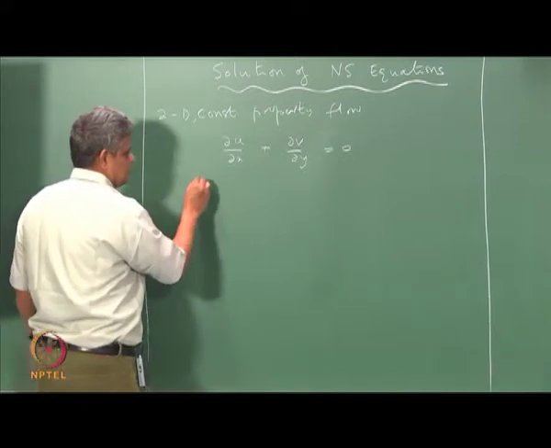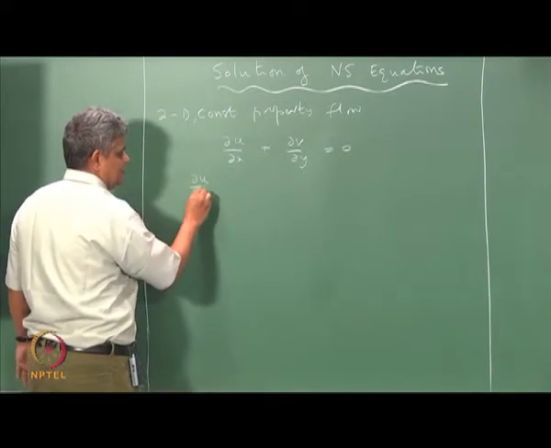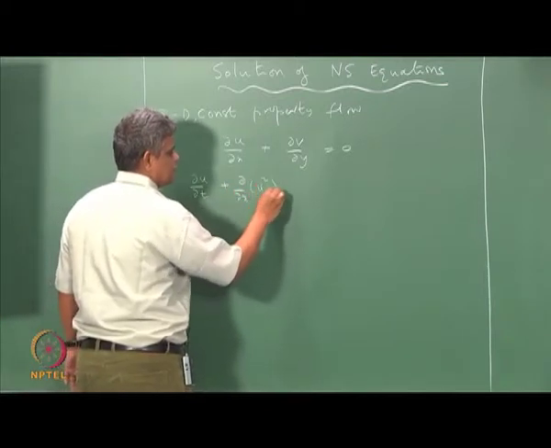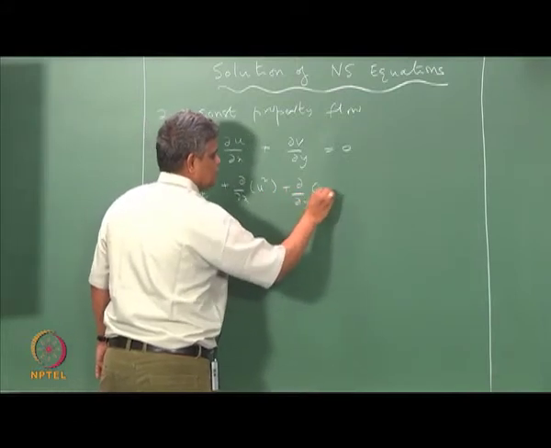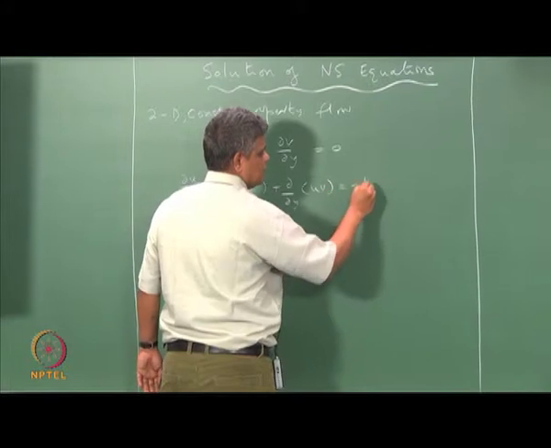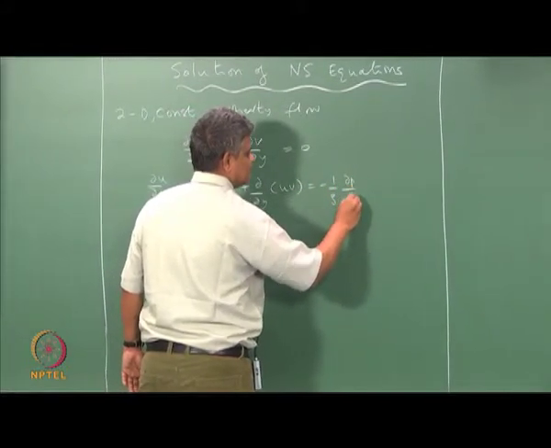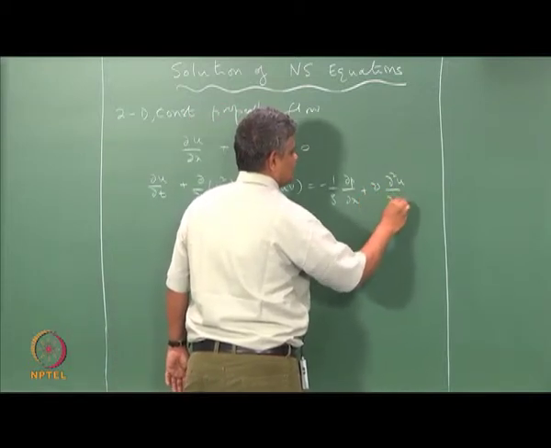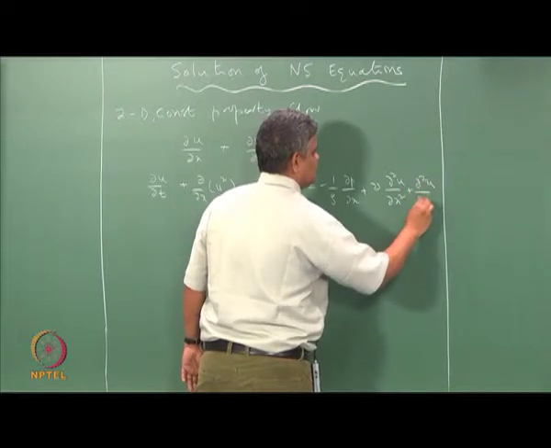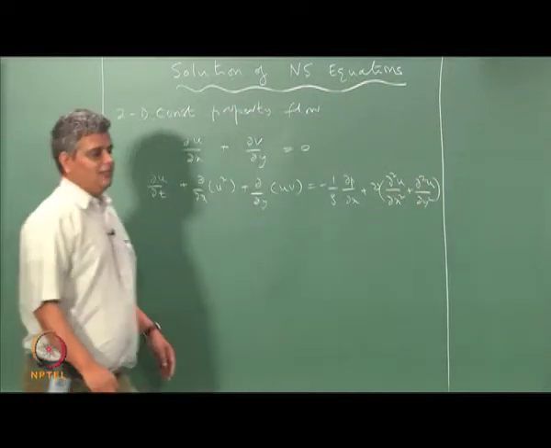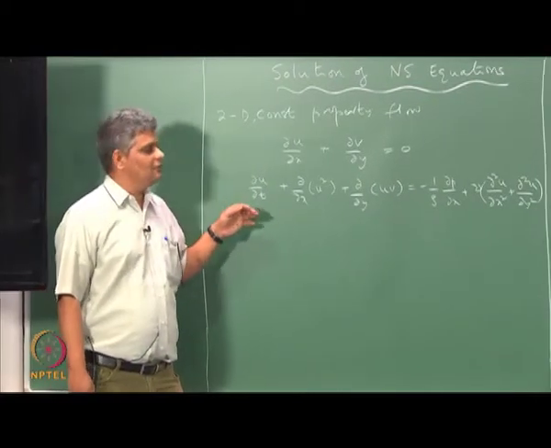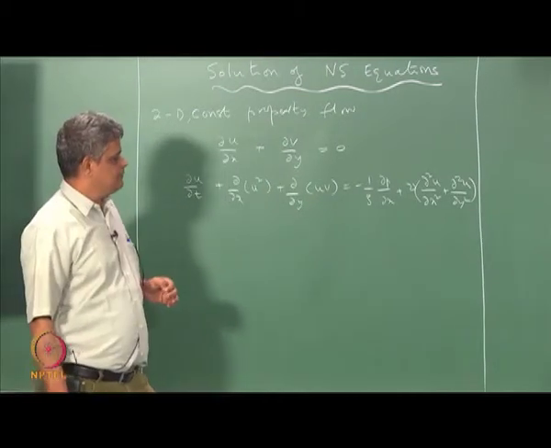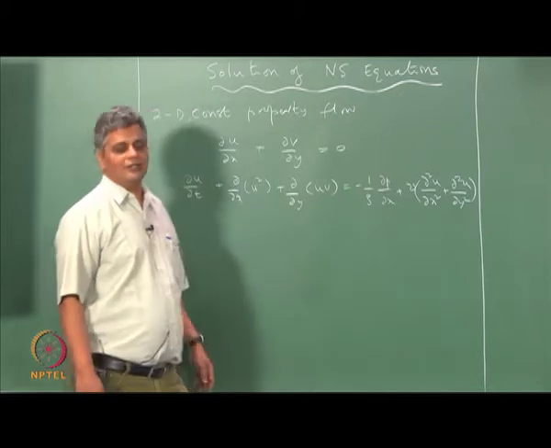And we also have the x momentum equation as dou u by dou t plus dou by dou x of u square plus dou by dou y of uv equal to minus 1 by rho dou p by dou x plus nu times dou square u by dou x square and dou square u by dou y square. For constant properties, single phase flow, where there are no buoyancy effects and all those things, we can neglect the effect of gravity that can be subsumed in the pressure if necessary.